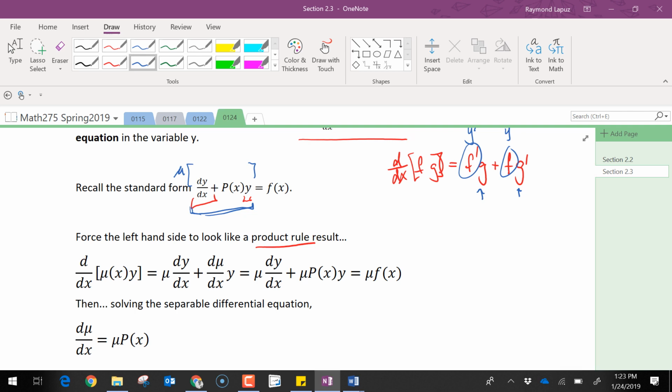And so if we do that, the product rule would end up looking like that function mu, this is the Greek letter mu, times y. So we're going to want the left-hand side of your differential equation to look like this: mu times dy/dx plus mu times p of x times y.